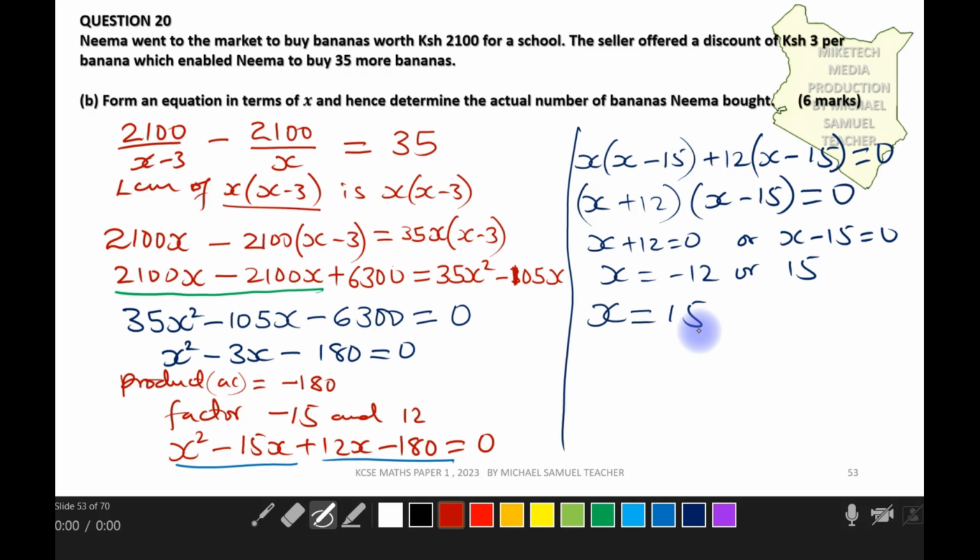So the actual number of bananas that Nema bought, that is before discount, will be 2100 over x, and that is 2100 over 15.